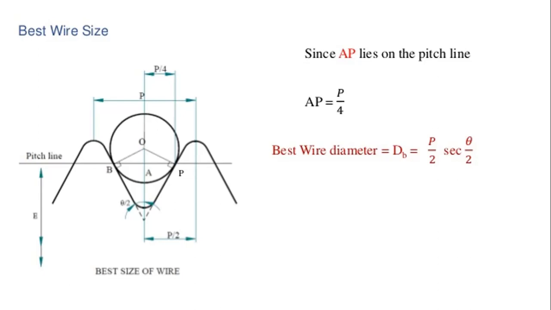Then the best wire size diameter, that is the best wire diameter, is taken as dB, that is P by 2 into secant theta by 2. P by 2 into secant theta by 2 is the formula we have done for the best wire size.